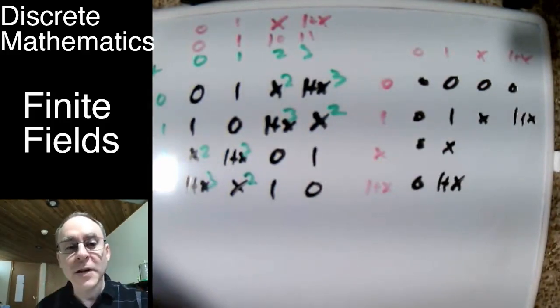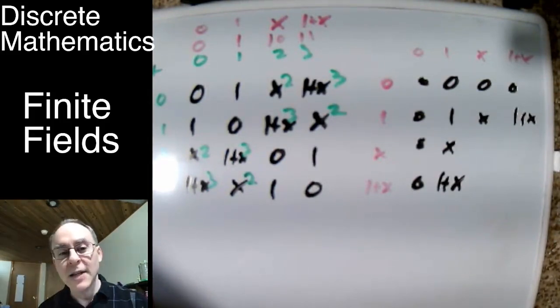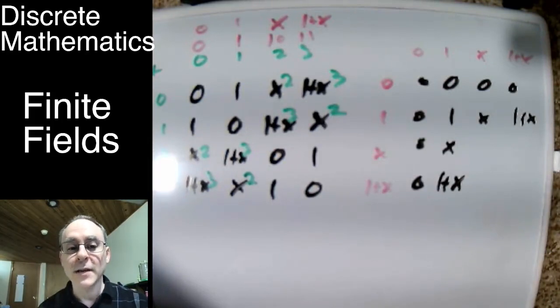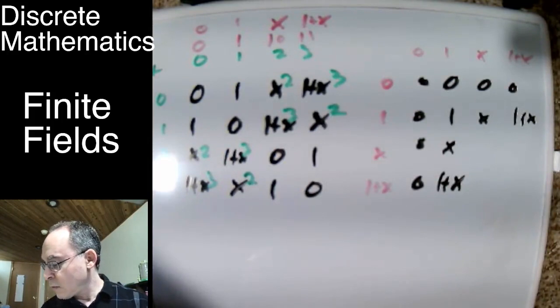So what do I need to do? What we need to do here is basically do our polynomial multiplication modulo some polynomial, but we want to make sure that it's a polynomial that is what we call irreducible. It can't be written as the product of two smaller polynomials, because what do we want to avoid?